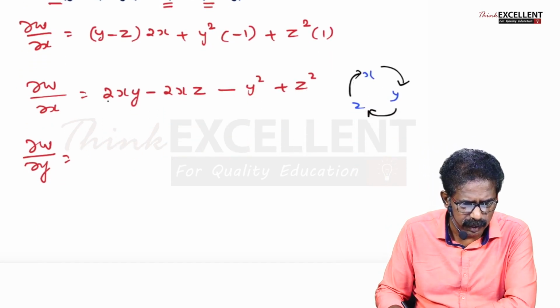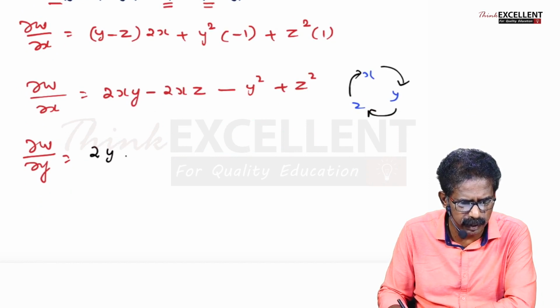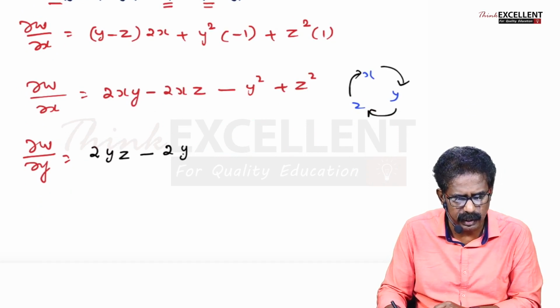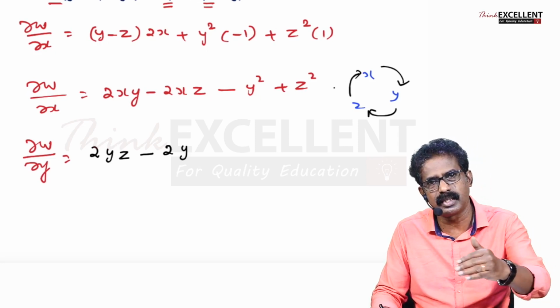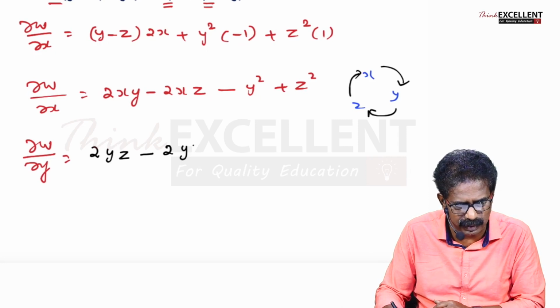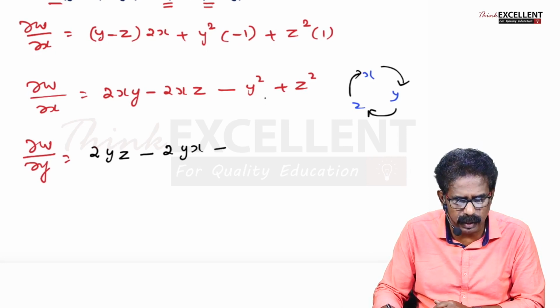So this becomes 2, x becomes y, the y becomes z. Second term minus 2, x becomes y, z becomes x. Minus the y square becomes z square, plus z square after z x square, right?